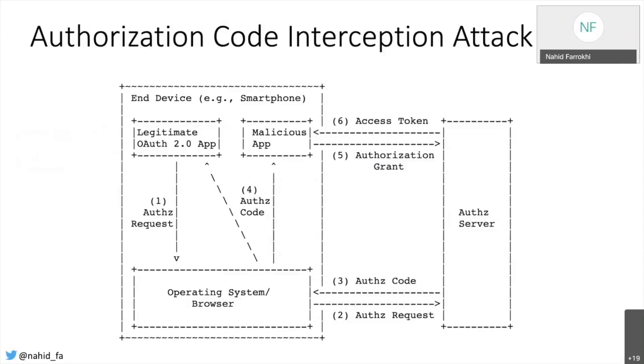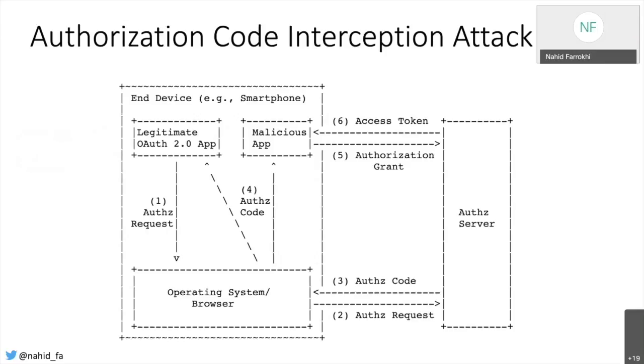What you see on the screen is an example of an authorization code interception attack, which is happening on smartphones, right? Because public clients don't have a secret, if a malicious app steals the code, it can exchange it for the access token and abuse the protected resource, right?